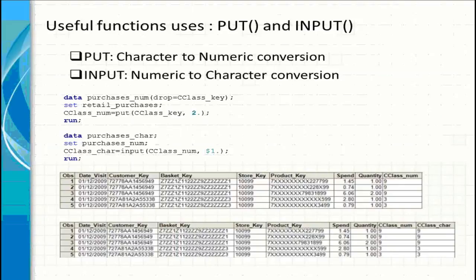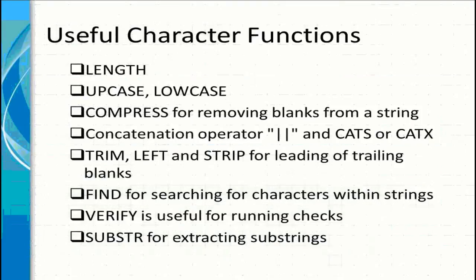The other way around, if you then create the character variable, the C_class_character in the subsequent data set by using the input function on the C_class_num, you're going to be creating a character variable. And there you've got the two examples there. So you've got the C_class_num and the C_class_char values.